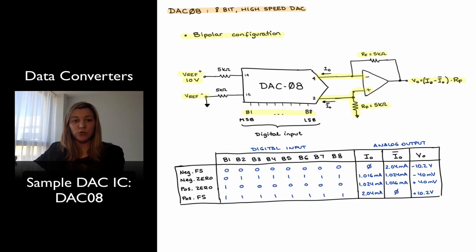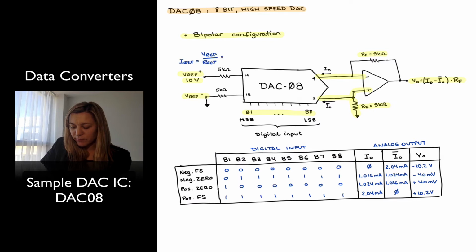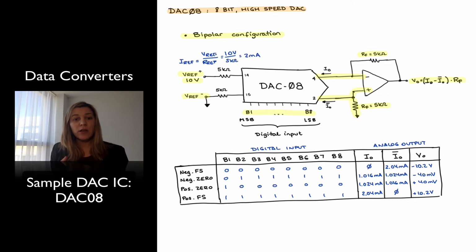So the sum of the two is equal to the overall 2 milliamps that comes from Iref, the full scale current, which is Vref divided by Rref, or 10 volts divided by 5 kilo ohms, which is 2 milliamps. And again, I out and I out bar go increasing or decreasing such that the sum of the two is equal to 2 milliamps. In that case, the output of my op-amp is I out minus I out bar times RF.